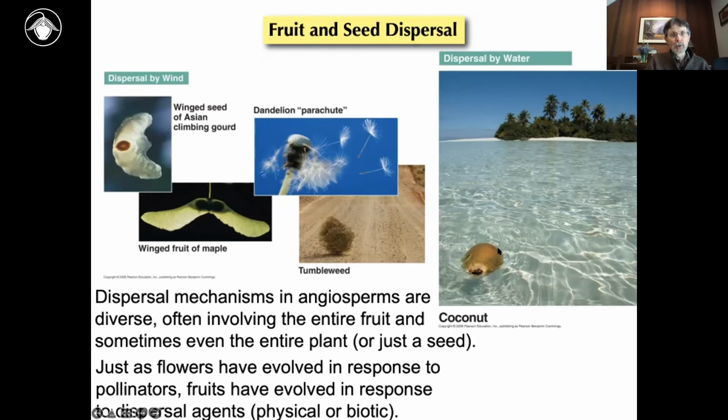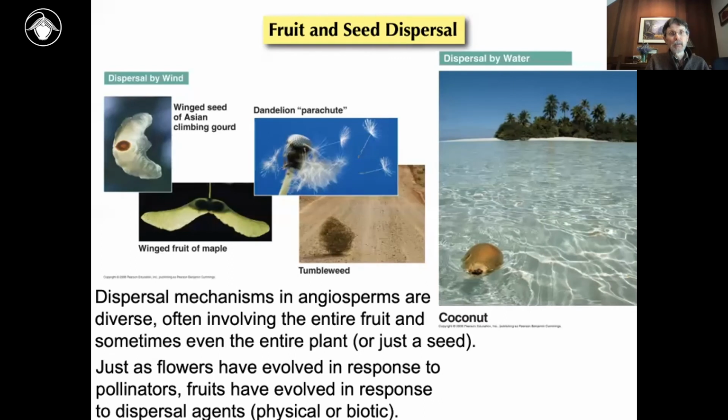We also can have dispersal by water. It's especially common in the tropics. We're all familiar with coconuts, which, within the palm family, have the largest seeds in the world, associated with a husky fruit with a dry husk surrounding the seed that is buoyant as an entire unit and can persist out in the open ocean for a long time.